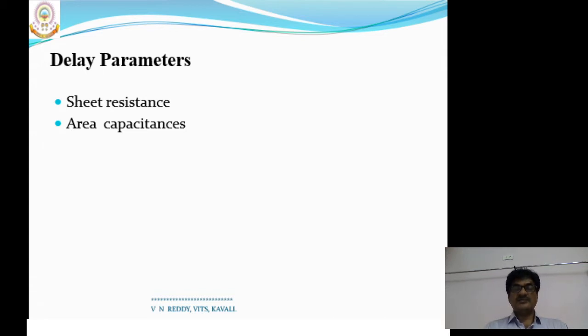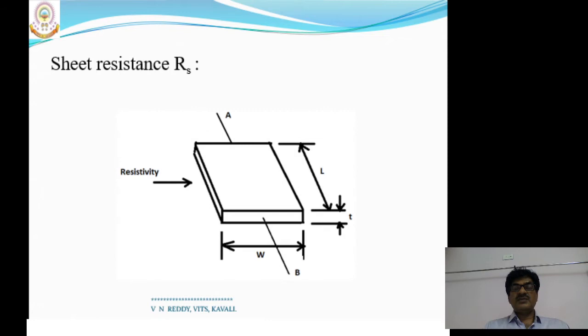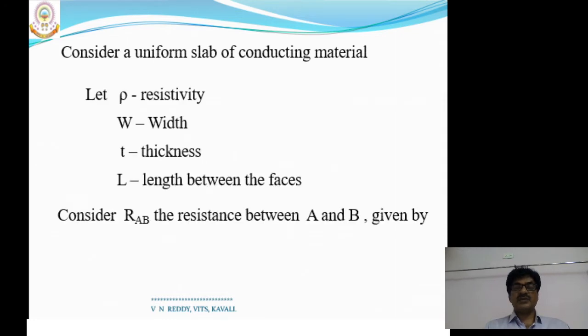then time delay. Coming to sheet resistance, let us consider a uniform slab with the dimensions like width is W, length is L, resistivity is rho, and thickness of that sheet is T. So the different terms here are resistivity, W, T is the thickness, L is the length between the faces.